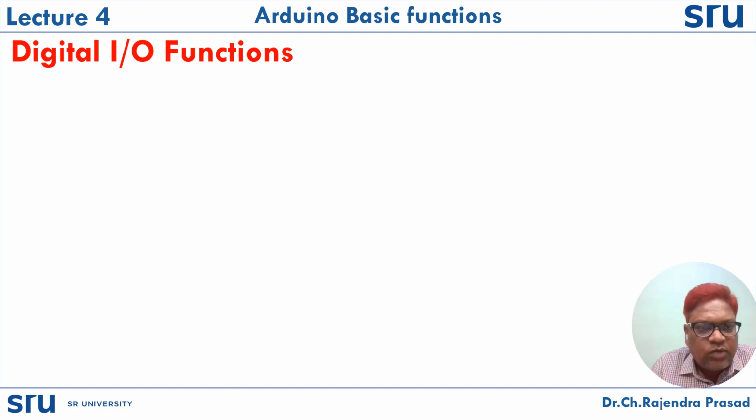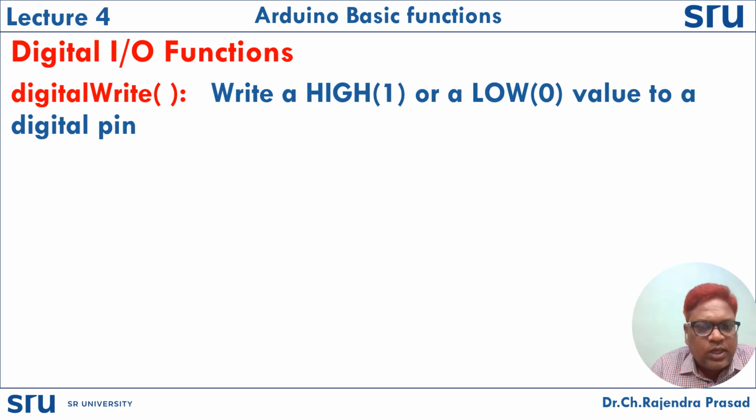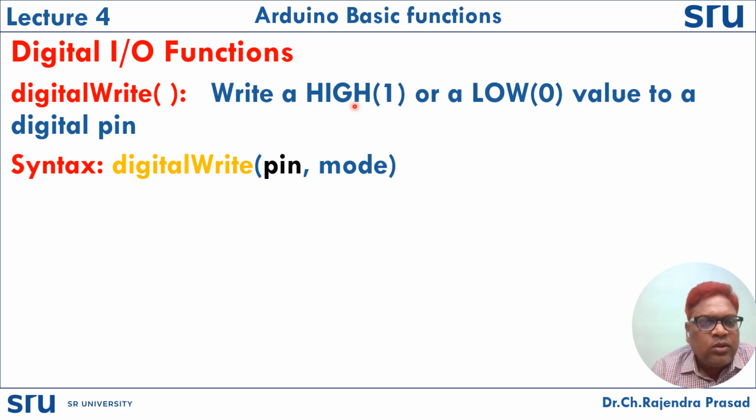And coming to one more digital I/O function, digitalWrite. This also works on all digital I/O lines, ranging from 0 to 13. This function writes HIGH, meaning logic 1, or LOW, logic 0, value to a specified digital I/O pin. Let us see now the syntax. This digitalWrite function has two parameters here.